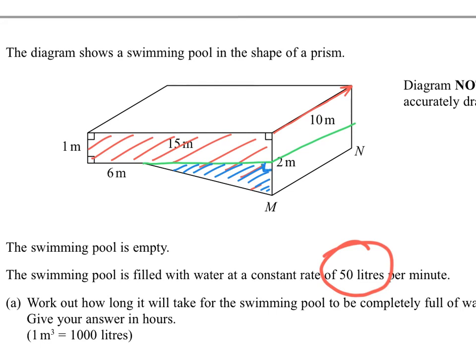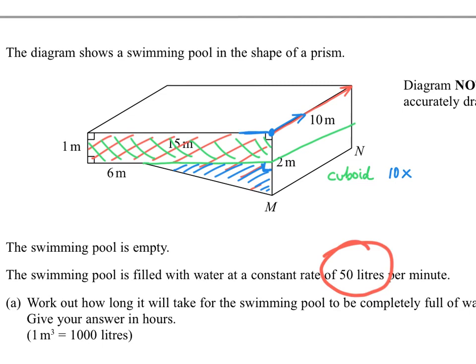So I'd look at that separate to the cuboid on top. So we're going to look at the cuboid first, and that's easy enough because that's just length times width times height. So pick a point here, and then we've got the length times the width.